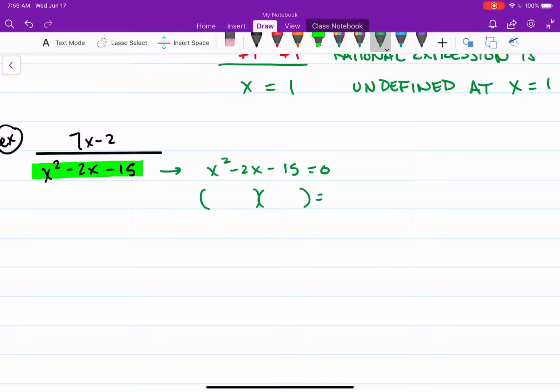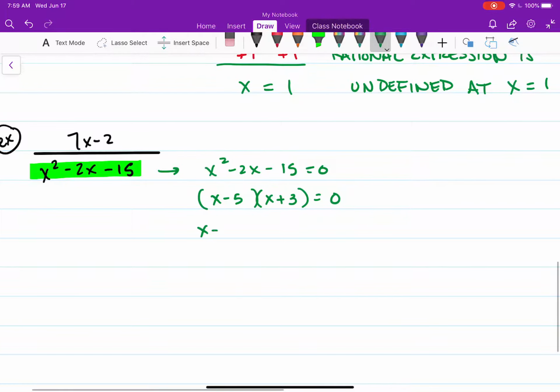You can use the AC method or trial and error. With the AC method, this comes out as x minus 5, x plus 3. Then what we have to do is set each factor equal to 0. So x equals 5, x equals negative 3.